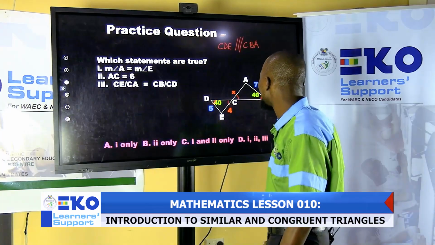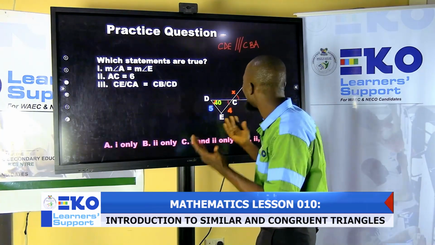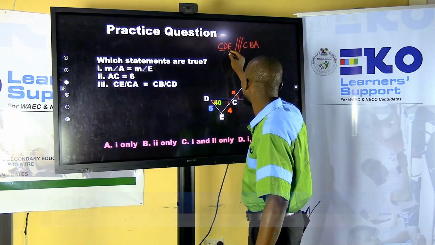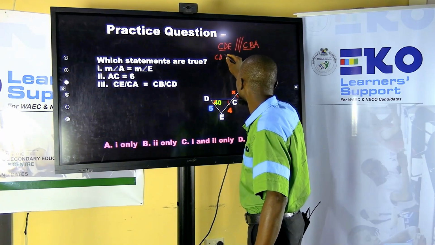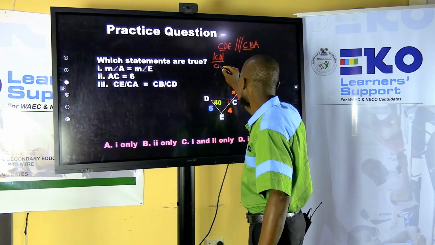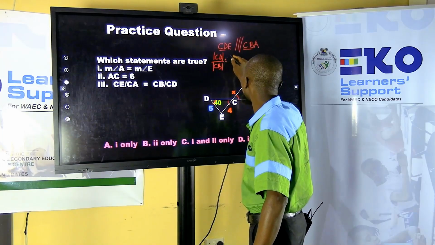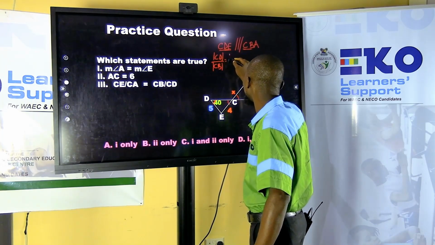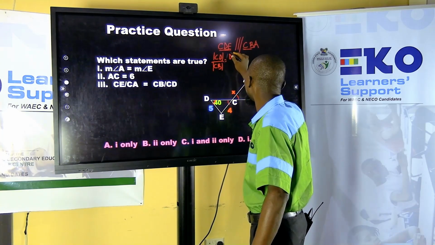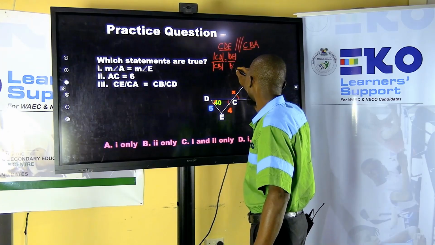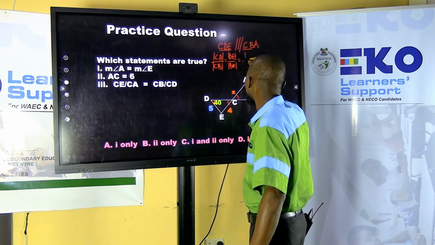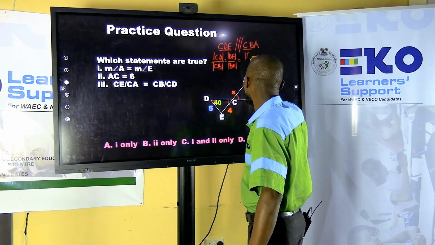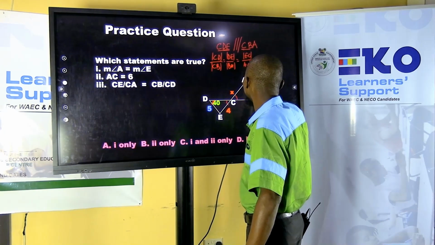If that is the case, we can pick the relationship from there. It means the ratio of CD to CB equals the ratio of the next two, DE to BA, which equals the ratio of EC to AC.